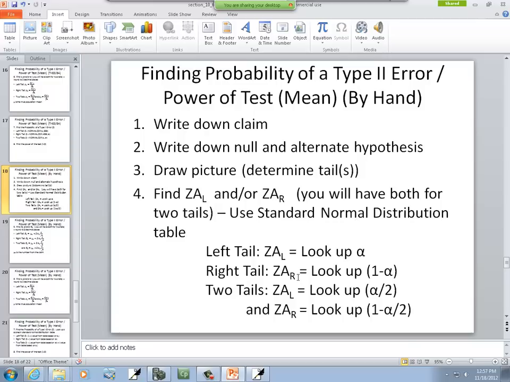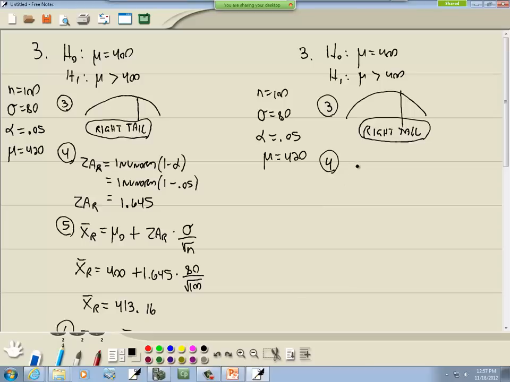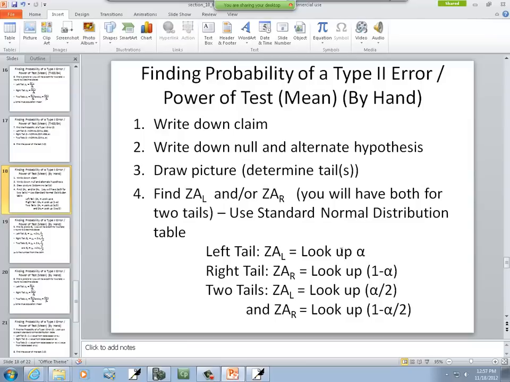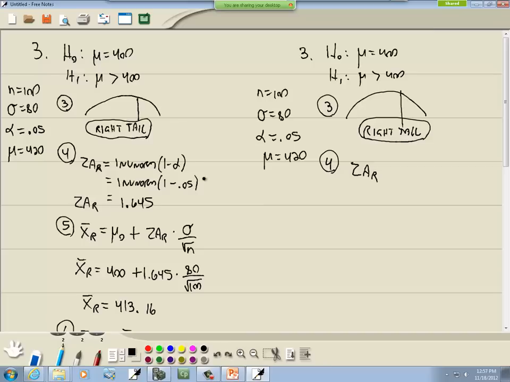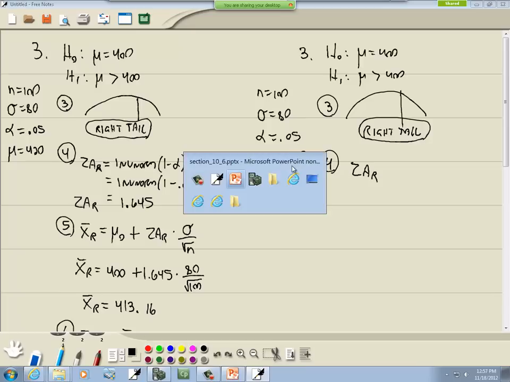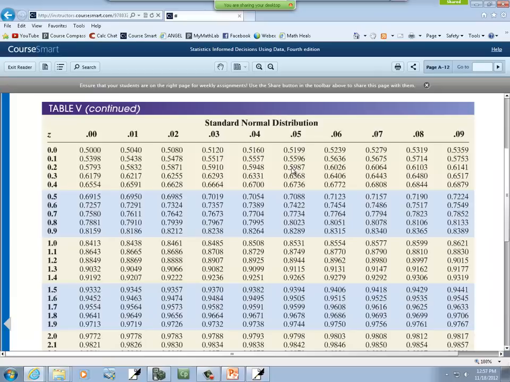For Z sub R, they say look up 1 minus alpha. Well, alpha is 0.05. 1 minus that is 95%, 0.95. So let's go look up 0.95 in our table. Here's 0.9495.